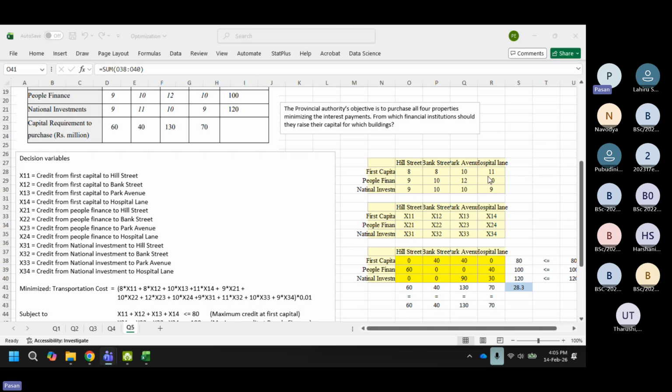So these are the interest rates I have, and then these are the objective cells that I define.